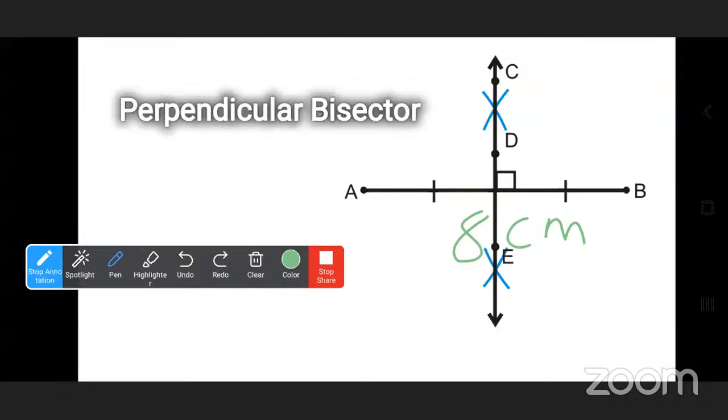After drawing a perpendicular bisector on that line segment, the line segment is divided into two equal parts, that is, 4 and 4 centimeters. That means 4 centimeter line segments are present here after drawing a perpendicular bisector.